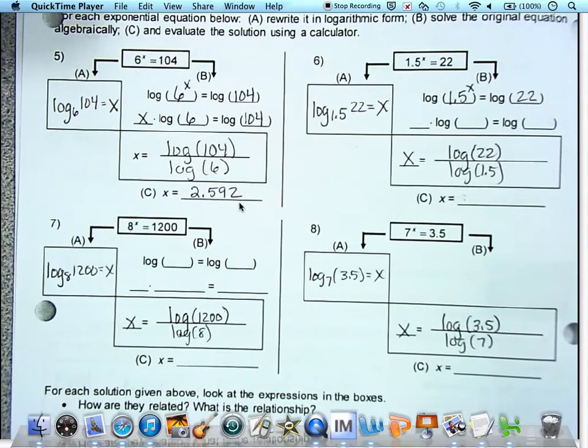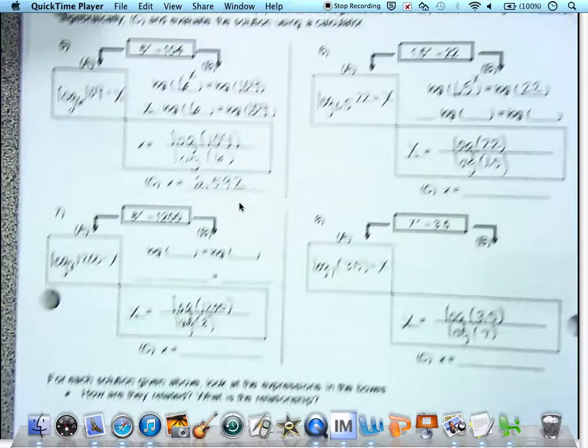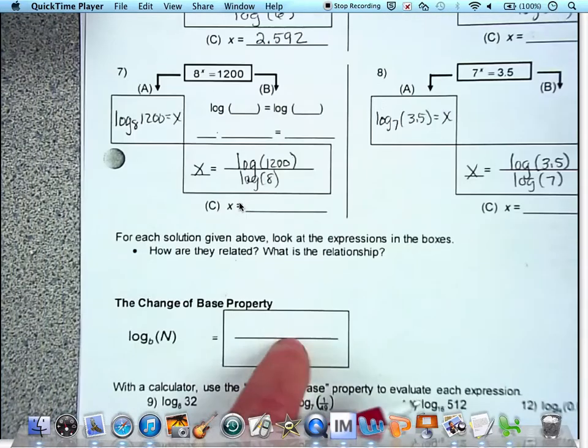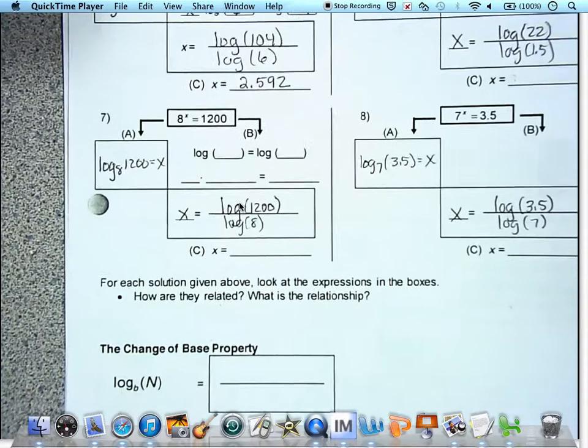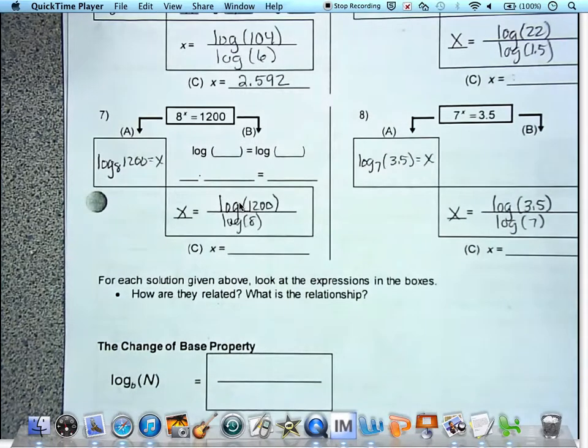Oh, that's cool. And then see if you can figure out what this is. If you see the pattern. Yeah. You got it. Well, it's going to be opposite. Yeah. Right.